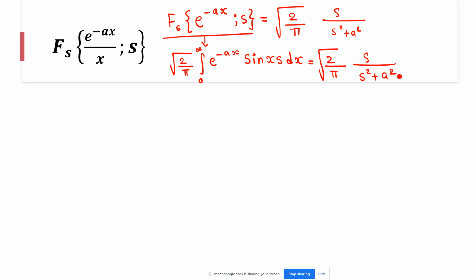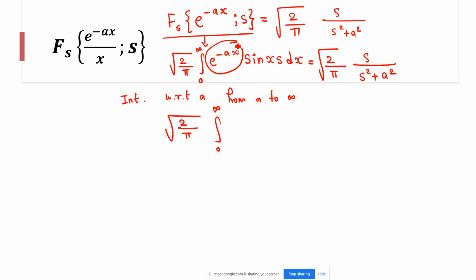What we did next is integrating with respect to a from a to infinity. So if I integrate, this is nothing but root 2 by pi integrating 0 to infinity. The integration of this part with respect to a from a to infinity is nothing but e raised to minus ax upon x sine kx dx, equal to root 2 by pi.